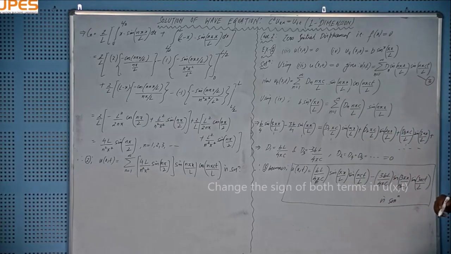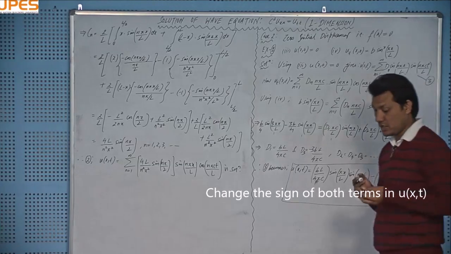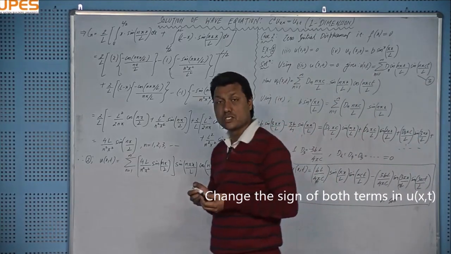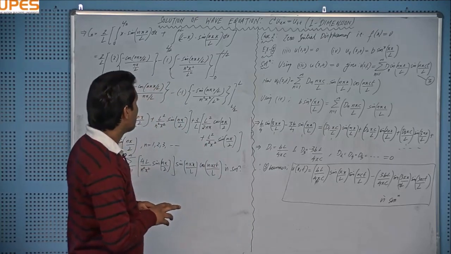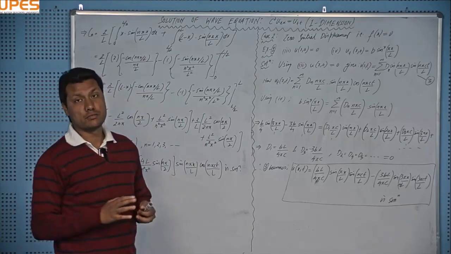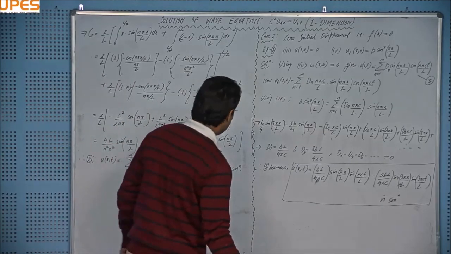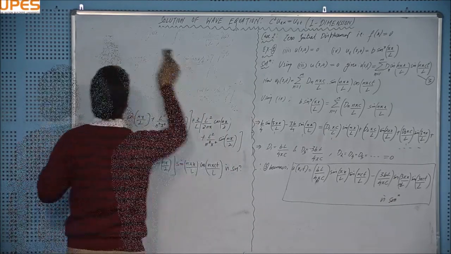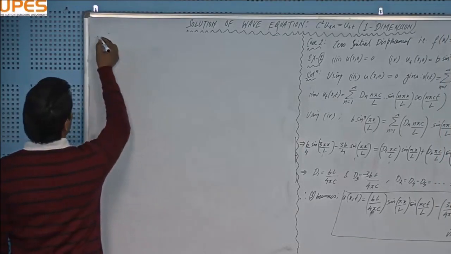So we have discussed the two cases, one for zero initial velocity and this one for zero initial displacement, and let me discuss the last case with non-zero initial velocity and non-zero initial displacement. This is my case number 3.